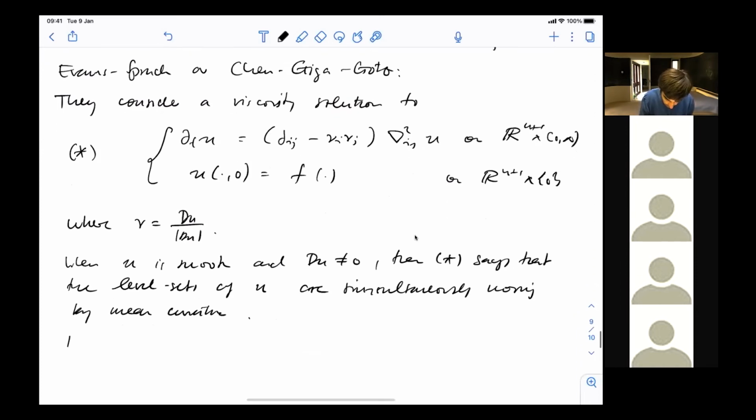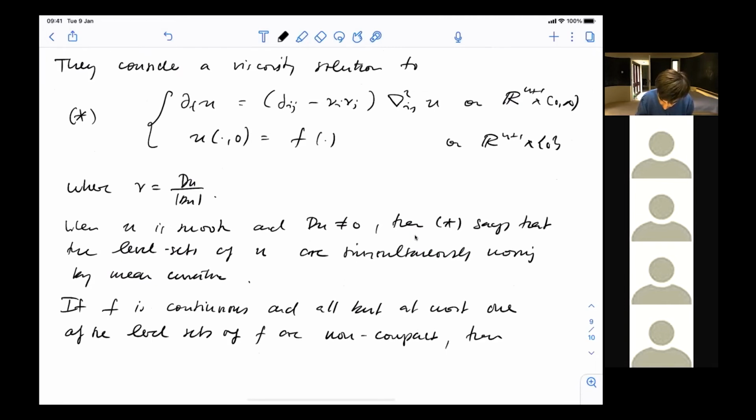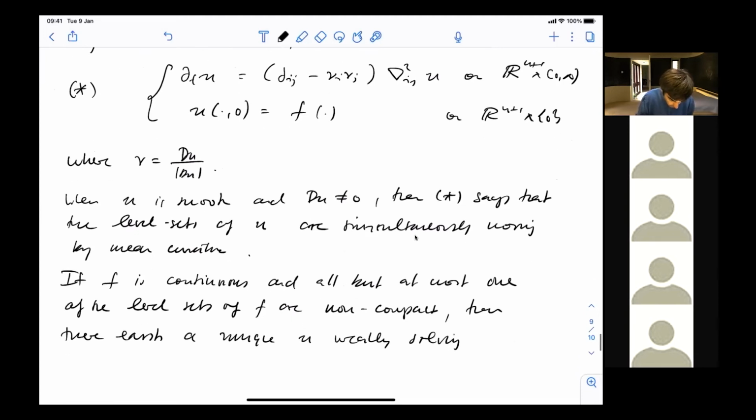And now what they show is that if f is continuous and all but at most one of the level sets of f are compact, more or less, you can have one non-compact level set, then there exists a unique u weakly solving star.